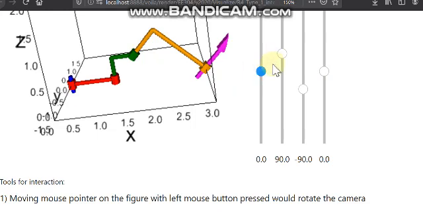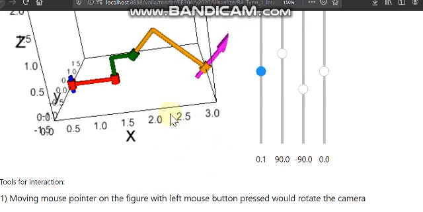Before we do that, we should recollect that O4, which is the origin of frame 4, is located here. So now we are changing the value of theta 1. As theta 1 is being changed, O4 is executing motion. It seems that the motion is along the y direction.